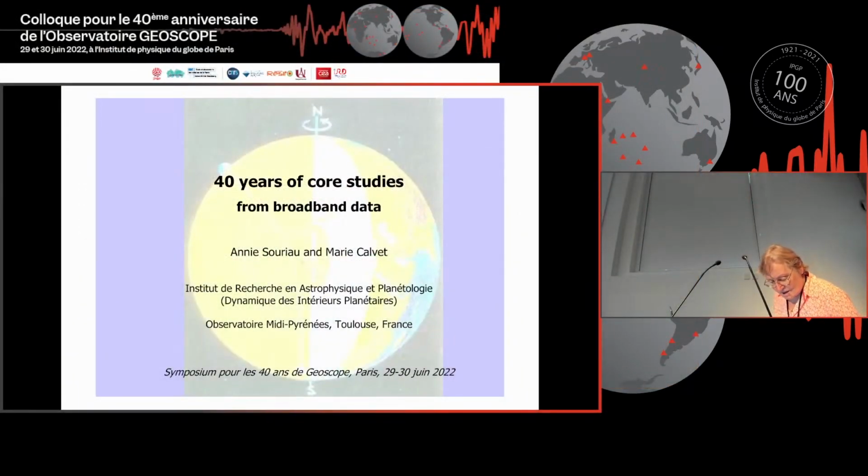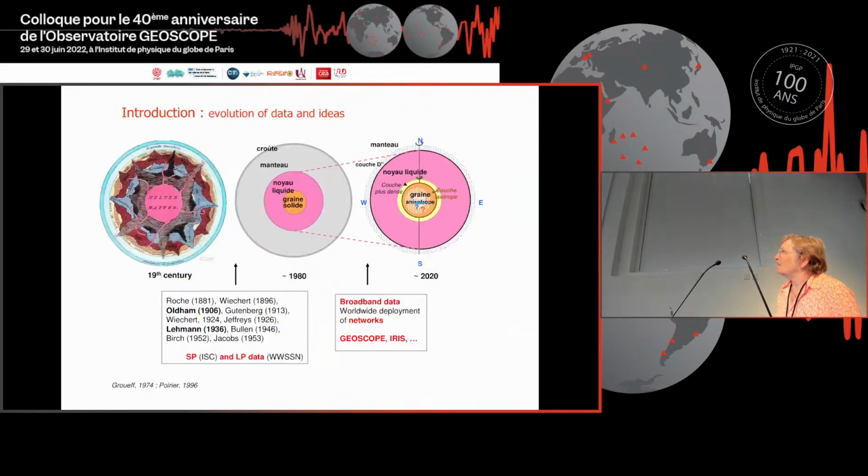So, I show you the core as we represented it in the 19th century, the core as it was 40 years ago, and the core now. I will mostly comment on the difference between these two images, and in fact, the difference mostly comes from the availability of broadband data with a worldwide distribution.